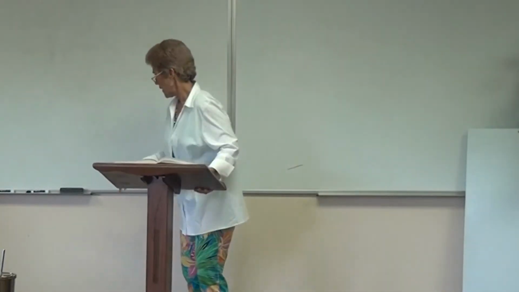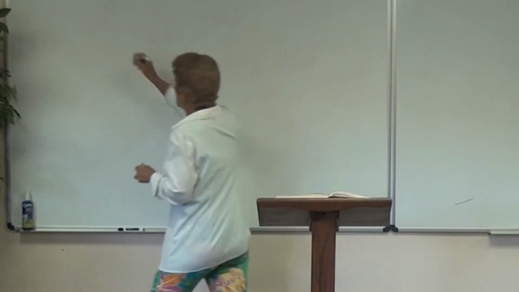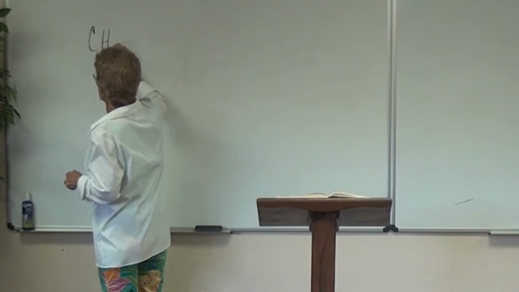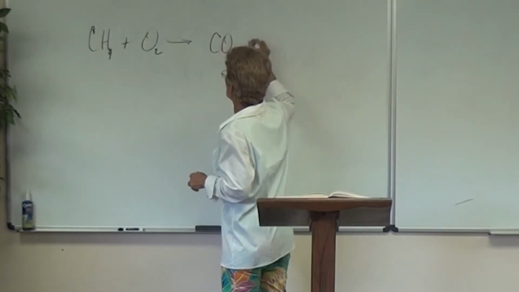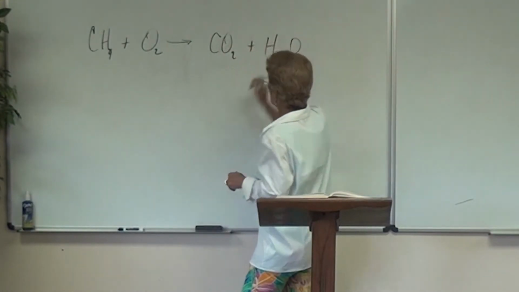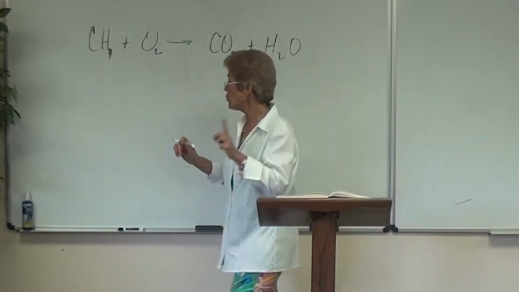Okay, it gives us here the combustion of methane. So we have CH4 plus O2 yields CO2 plus H2O. Okay. Now, what does this actually represent? And I'm going to show you.